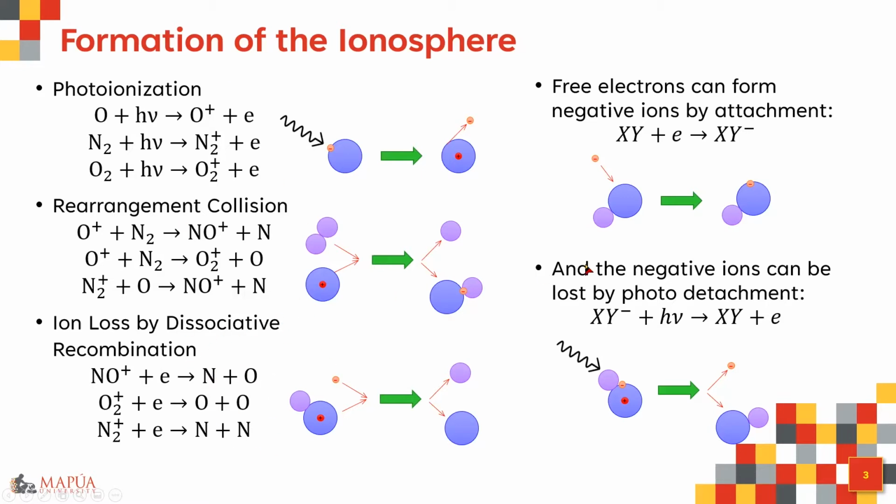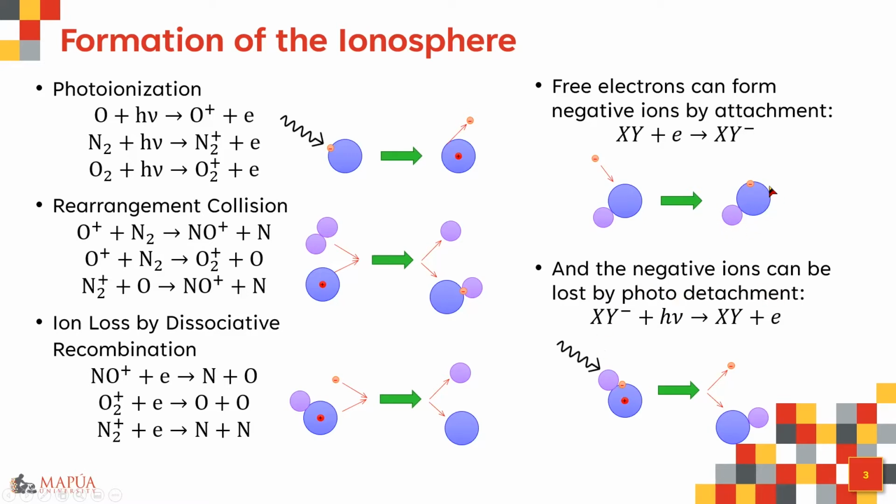Aside from these processes, free electrons can also form negative ions by attachment. That means if you have a molecule and an electron attaches to it for some reason, this produces a negatively charged ion, wherein the extra electron gives its negative charge. Negatively charged ions can also be detached via photons, through photodetachment.